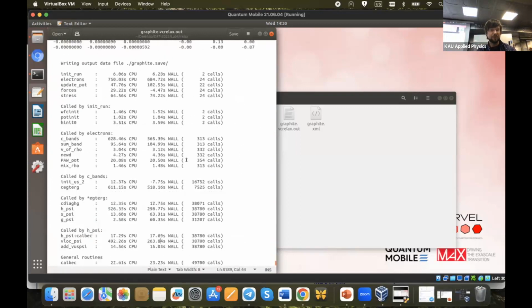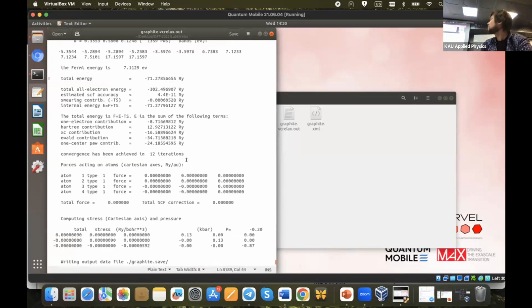Then, okay, you see, this is the last calculation. We see the stress, minus 0.2. We started from minus 63 kilobars, here 0.13, and here was minus 16, minus 0.87.